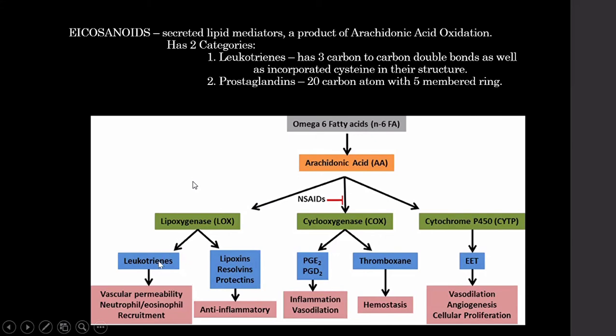Lipoxygenase that produces your leukotrienes, cyclooxygenase that can produce your prostaglandins and thromboxane, and cytochrome P450. Okay? Ito yung dalawang mas importante. Okay? Your lipoxygenase and cyclooxygenase.